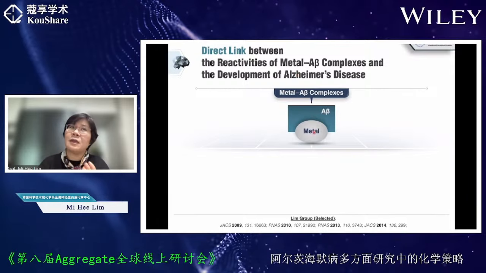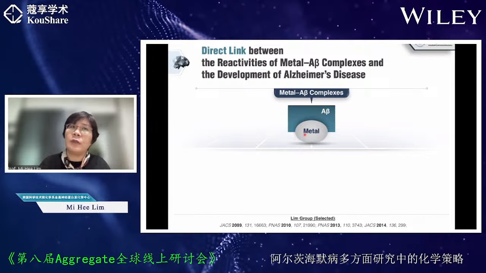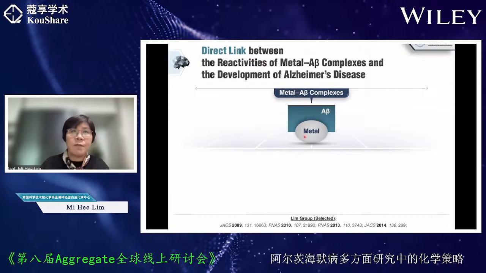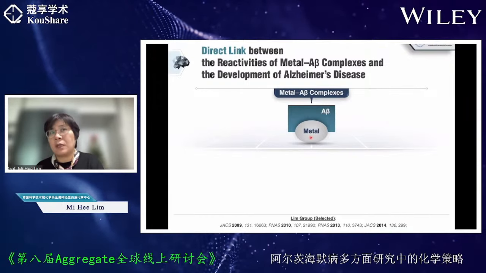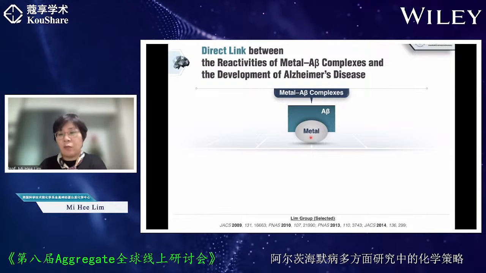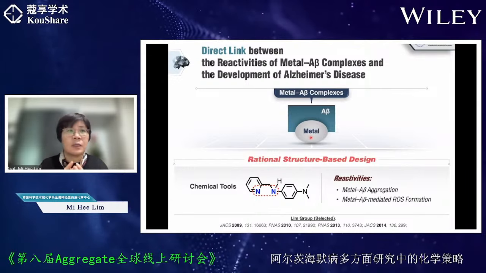But when we started this research area, we immediately realized we didn't have the right chemical tool or method to investigate the metal-A-beta complexes in vitro and in vivo, especially in the brain of Alzheimer's disease. So we stepped back and developed small molecules based on our rational structure-based design.